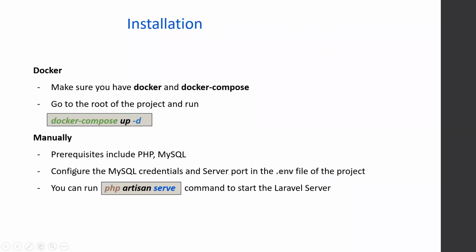Manual is when you are very good at setting up services individually and you are confident enough that you can connect these two services, that is the Laravel server with the MySQL. If you are comfortable with that, you can go with the manual approach, or else you can go with the Docker approach. You can just git clone the repository of VAPI and run the command docker compose up -d, and that's all. Your lab instance will be up and running and you can try and attack it.